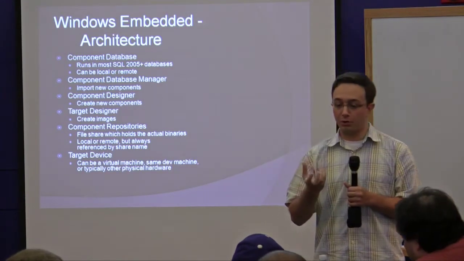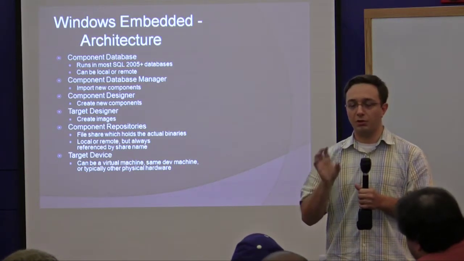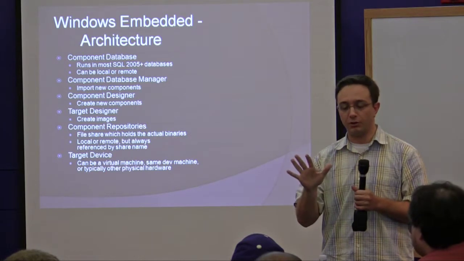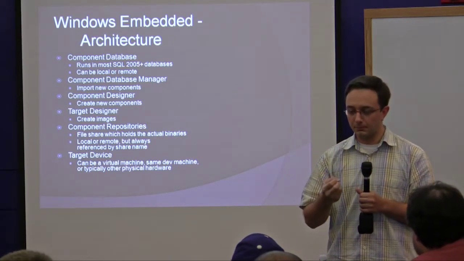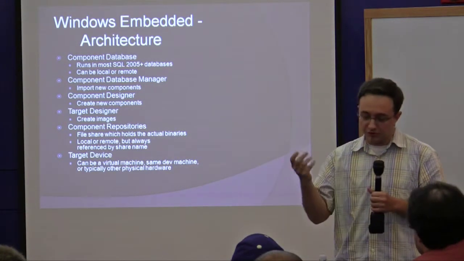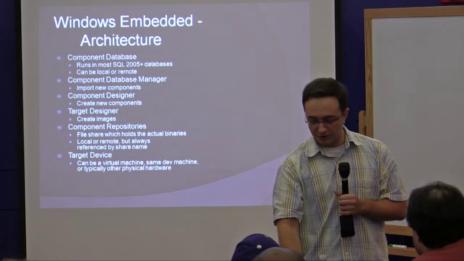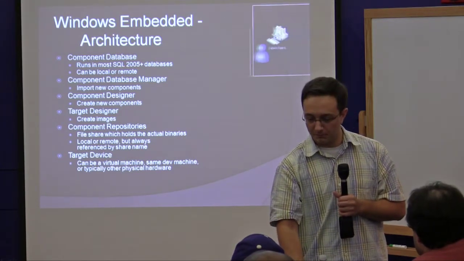And the component repositories are just a file share. It can be local or remote, but it's always referenced by the network share name. That's where all the binaries are stored, all the DLLs, EXEs, etc. And then, of course, there's the target device, which is the embedded device that you're actually building this image for.